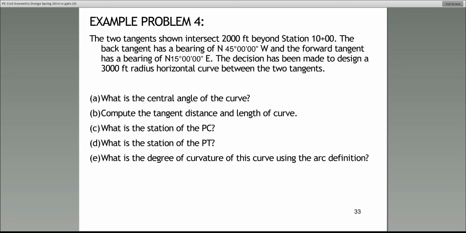The decision has been made to design a 3,000-foot radius horizontal curve. So that's what's given. You are asked to find the following items. What is the central angle of the curve?